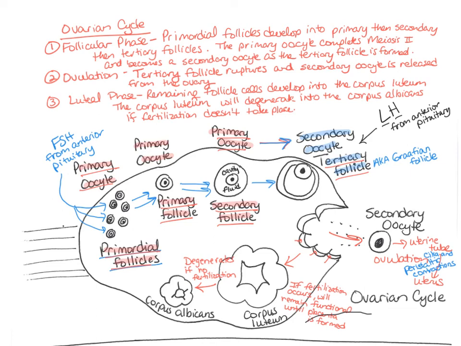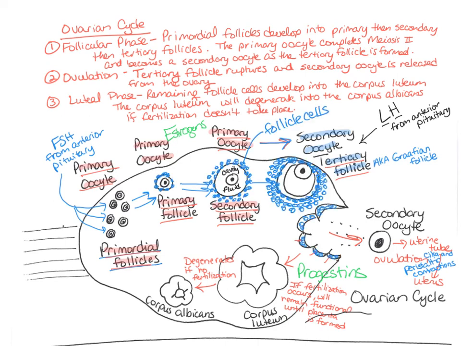There's estrogen and progestins that are produced by the ovary. Estrogens are produced by the follicle cells and by cells in the stroma, or the body of the ovary. As the primordial follicle becomes a primary follicle and the primary follicle becomes a secondary follicle, estrogen will be released from the cells surrounding the primary oocyte and will start secreting estrogen.